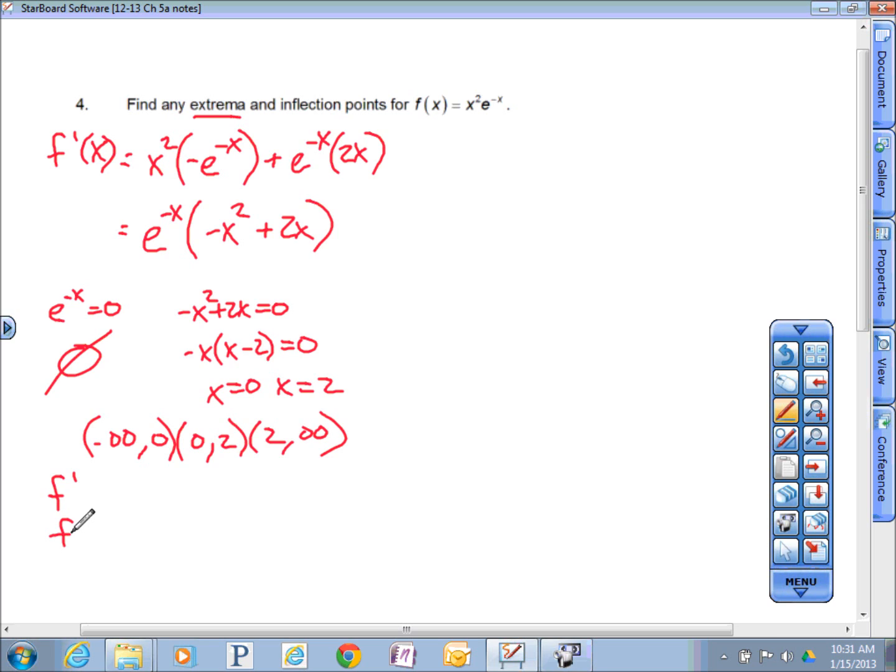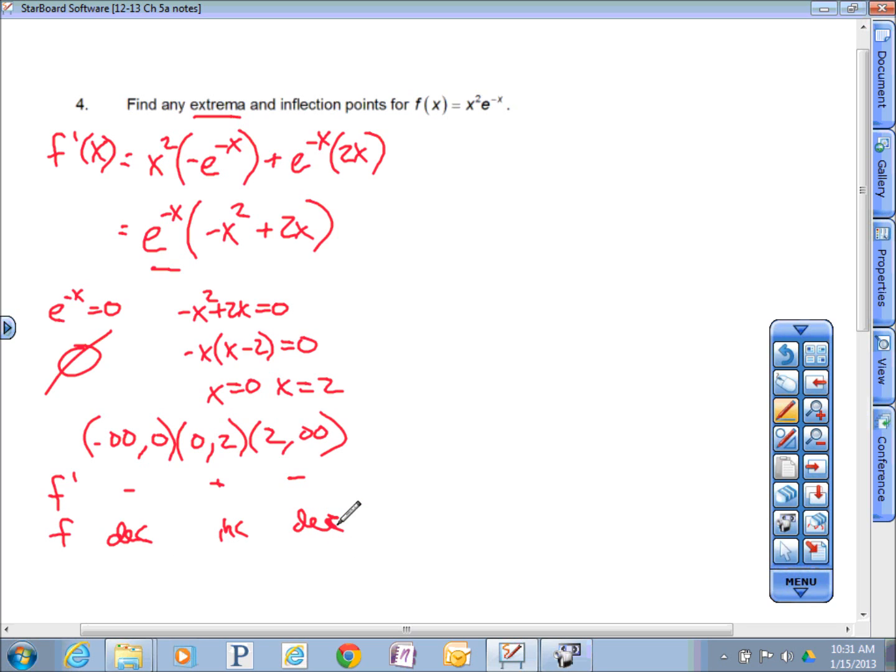So this e to the negative x thing is always going to turn out positive. So what we're really looking at is negative x squared plus 2x. When is that positive and when is it negative? Well, I know that's a parabola that's opening downward. That means it's going to be negative and then positive and then negative again. So my function is going to decrease, increase, decrease again.